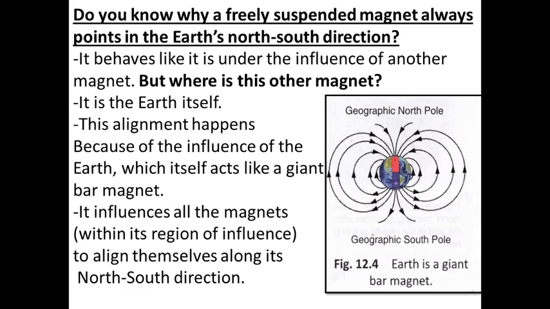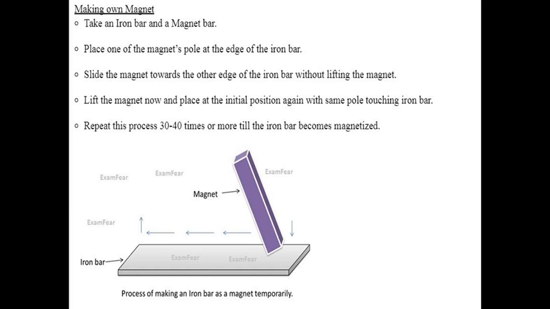It influences all the magnets within its region of influence to align themselves along its north and south direction. So because of the earth, the magnet is suspended in the north and south direction only. Understood? That is the reason behind that.